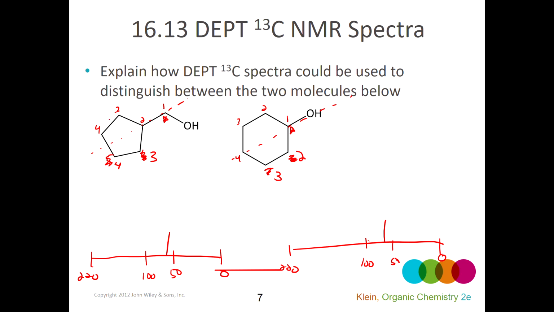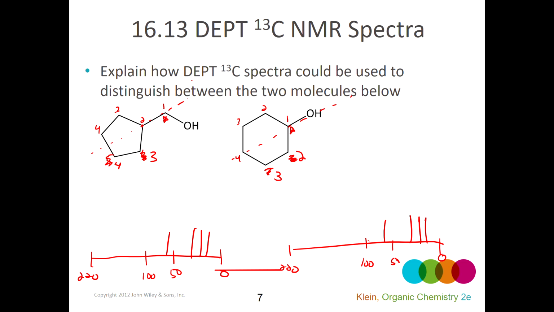I'd see three other signals for carbons 2, 3, and 4 on both structures between 0 and 50. So it'd be very difficult to distinguish between them. If I did a proton NMR, I could distinguish between them based on their splitting patterns, but with the carbon I can't do that. So that's why the DEPT is so useful when I'm looking at carbon.